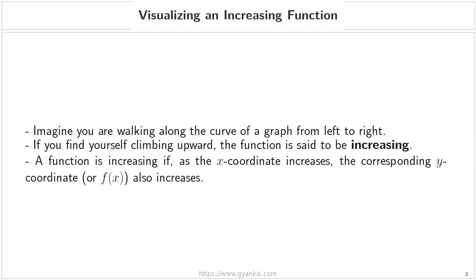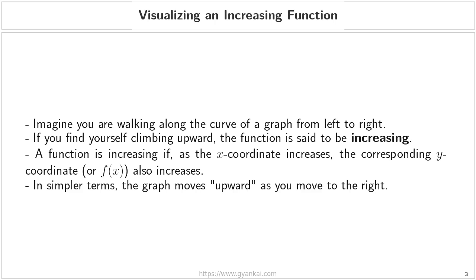To describe this more formally, a function is increasing if, as the x-coordinate increases, the corresponding y-coordinate, which we also refer to as f of x, also increases. In other words, as you move forward along the x-axis, the height of the graph rises. In simpler terms, if the graph moves upward as you move to the right, you are dealing with an increasing function. Keep this visual image in mind, as we will now look at the opposite behavior in the next slide.